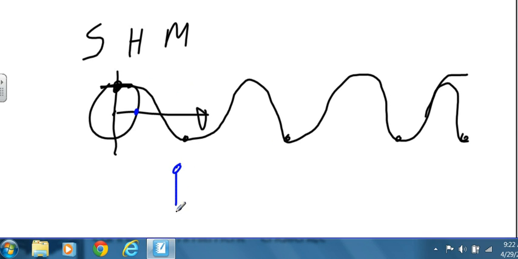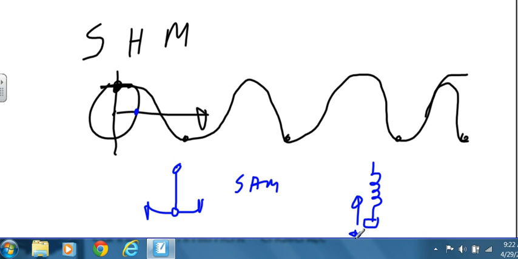If I have a pendulum swinging back and forth, looks like an anchor, I know, but that's simple harmonic motion that's happening there. If I have a spring, and the spring has some weight on it, and it's moving up and down, it's moving up and down in simple harmonic motion. It's moving up and down as a sine wave would.